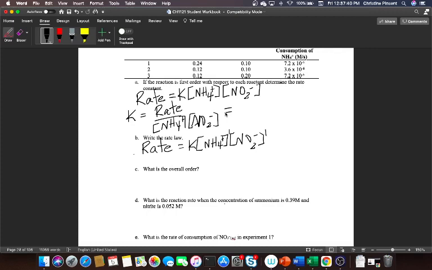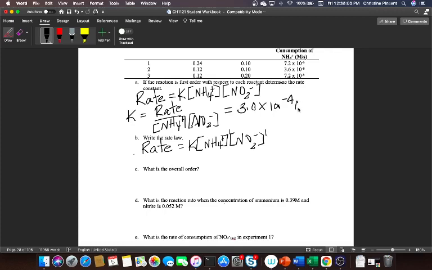So my rate was 7.2 times 10 to the minus 6, and I'm dividing it by the ammonium concentration, 0.24, and the nitrite concentration, which was 0.1, and I get a rate constant of 3.0 times 10 to the minus 4.